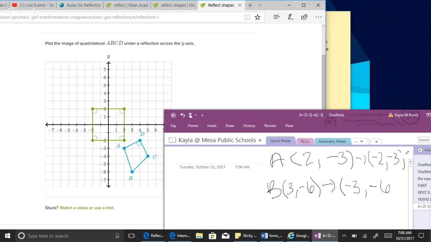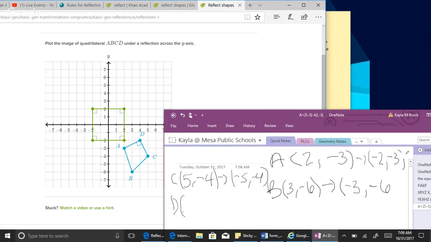And then if I look at point C, I have when x is 5, y is -4. Again, my x is going to become negative, so the x will be -5. The y stays the same at -4.